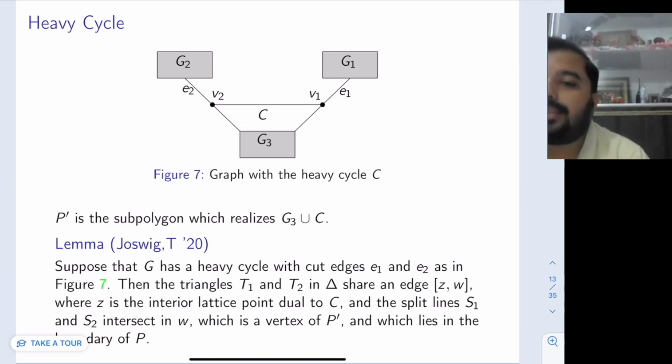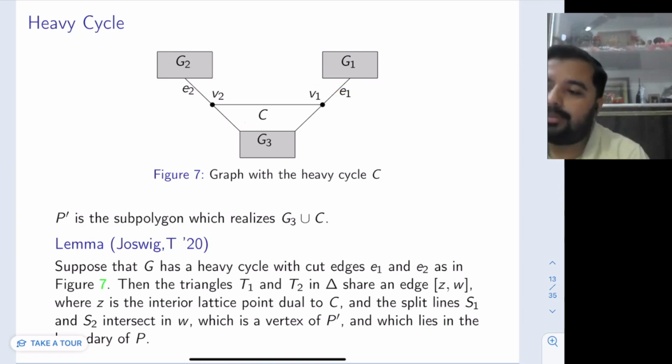The theorem is just saying that that's not the case. They actually share an edge and there are no triangles in between them, the triangular faces which correspond to the nodes V1 and V2. It also additionally says that these are cut edges in the graph which correspond to splits.